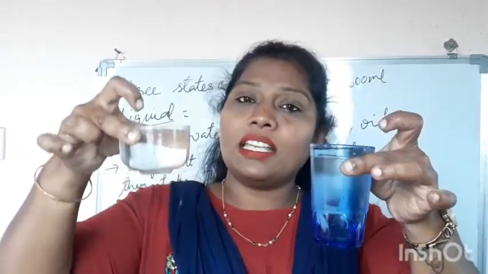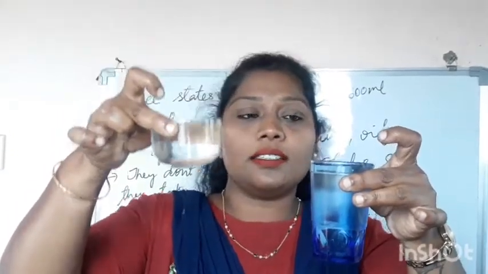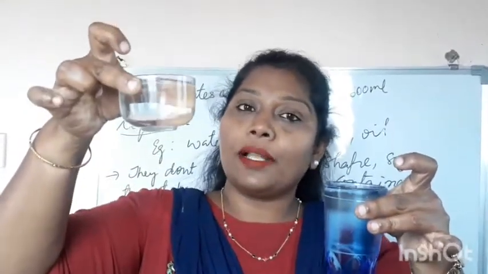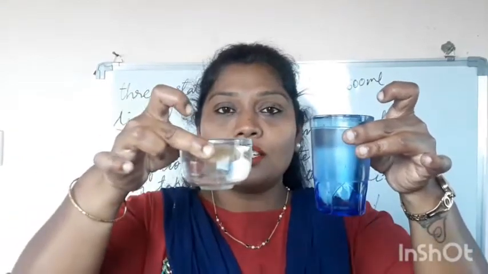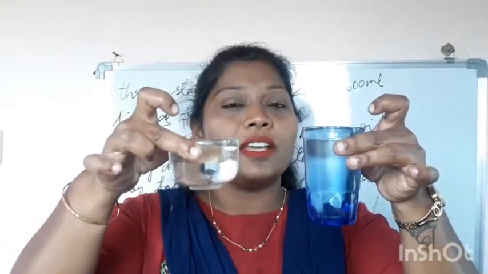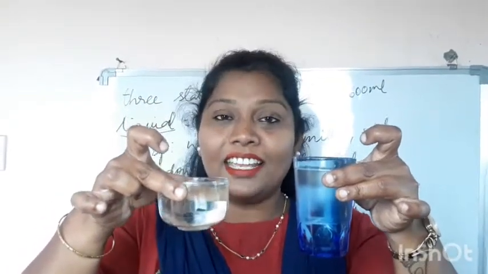For example, I think it can take only 50 ml of water in this. So the volume is 50 ml here. If I talk about this glass, assume that the glass is bigger than this cup, so it can take around 250 ml of water. So when you compare these two, the volume is specific when it is taking the shape of the container.